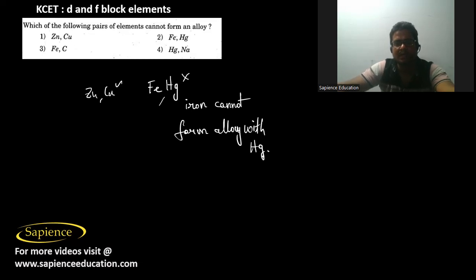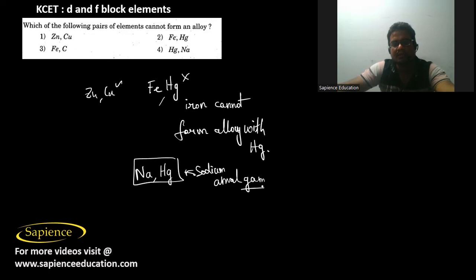Now all the alloys of mercury are called amalgams. For example, if an alloy of sodium and mercury is made, then it will be called sodium amalgam. So here iron cannot form an amalgam with mercury. So option 2 is the correct answer.